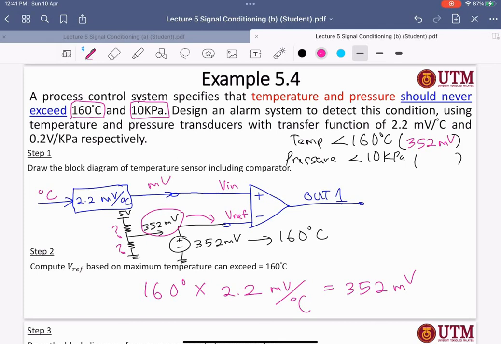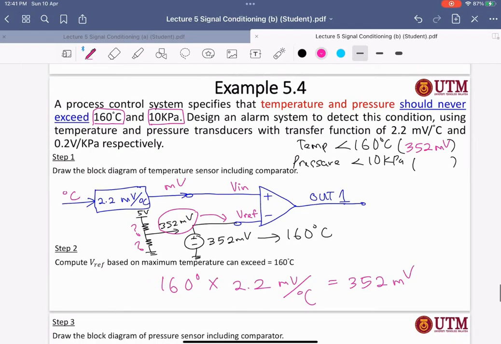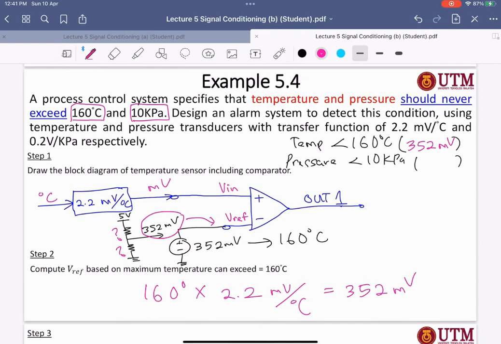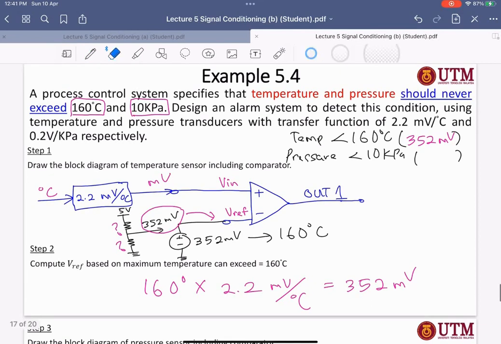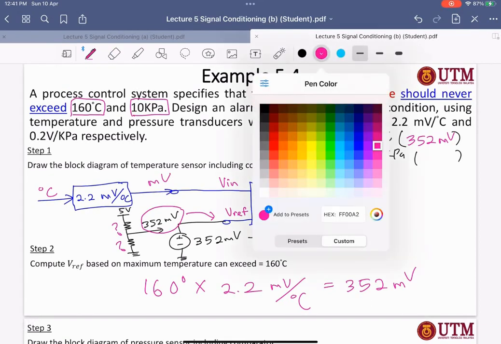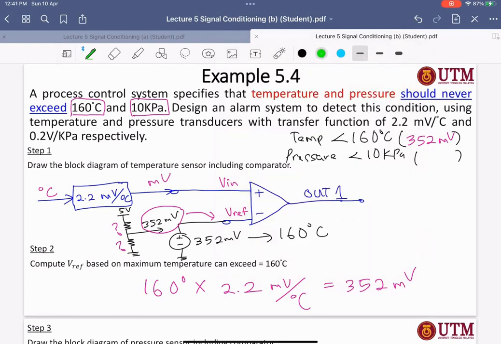So what will be the output 1? For example, if the temperature detected at that time is 170 degrees, what will be the output 1, guys? 1 or 0?